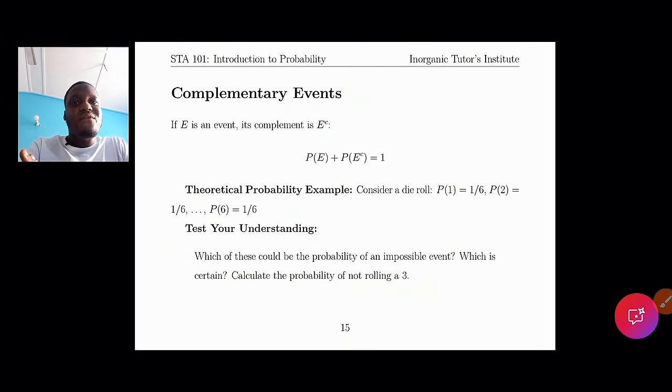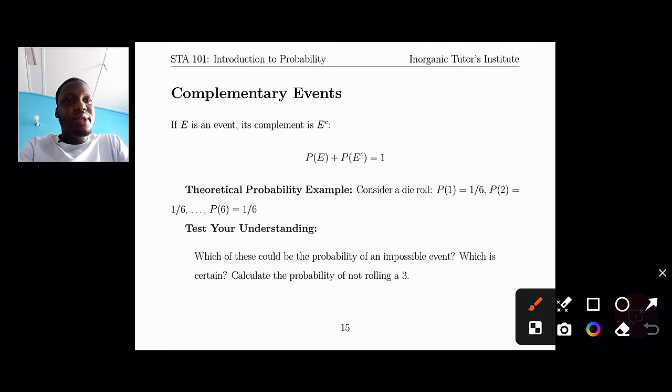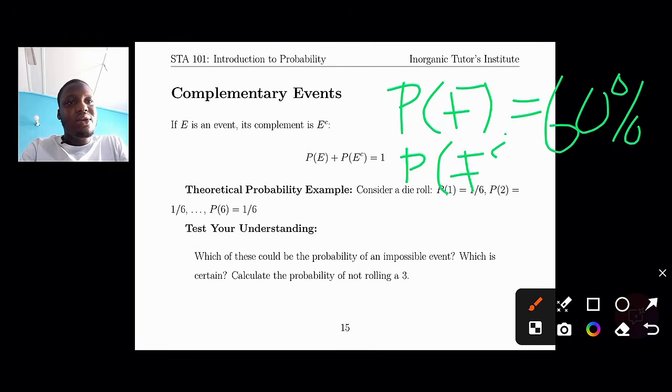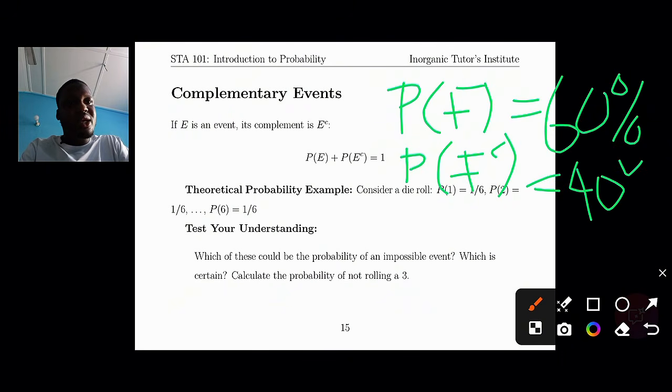So if the probability of false is 60%, then we know that the complement of false will be 40%. And in real life, the complement of false is true.